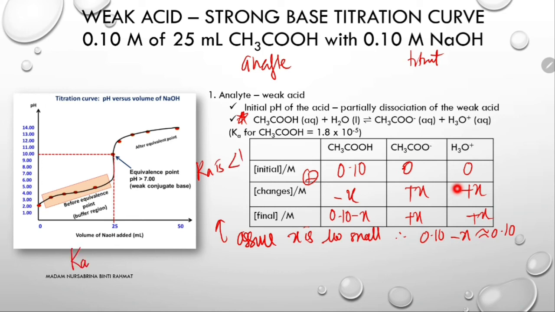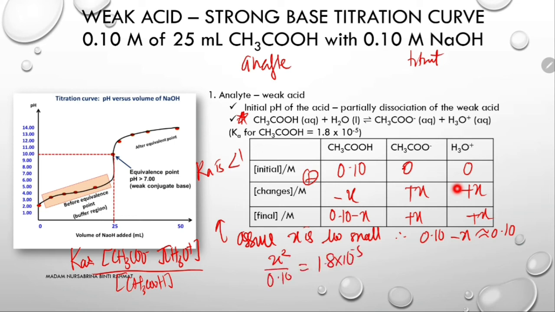So write down the Ka expression, which consists of CH3COO negative with H3O plus over CH3COOH. Then we're going to substitute our Ka in terms of X. So X squared over 0.10 is equivalent to 1.8 times 10 to the power negative 5.